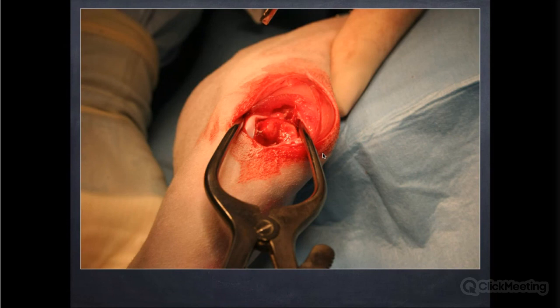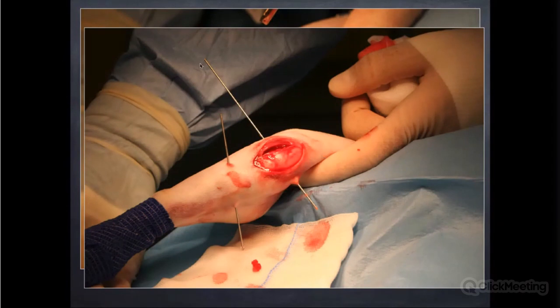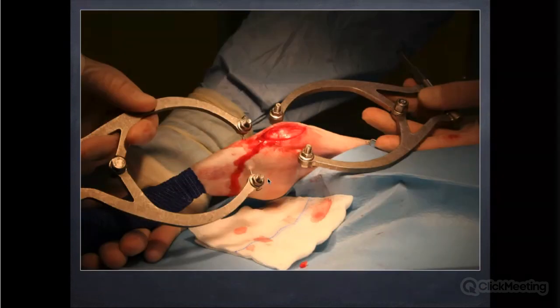And to achieve that, I pass a first 1 millimeter K-wire in the distal metaphyseal area of the femur, and a 1 millimeter K-wire in the proximal metaphyseal area of the tibia, and then I connect them to the stirrups. Why?